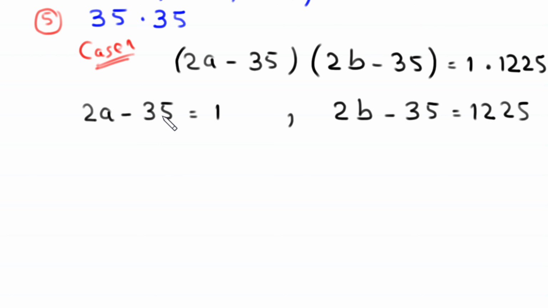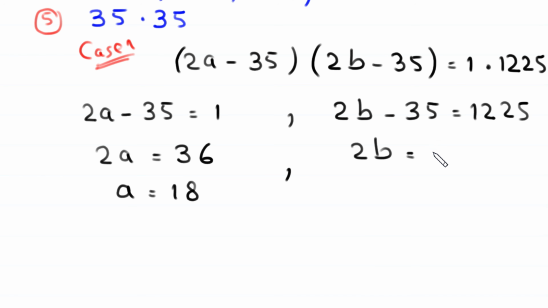If we add 35 to both sides, this implies that 2a is equal to 36 and a will be equal to 18. From this equation, add 35 to both sides. This will become 2b equal to 1260, and b will be equal to 630.